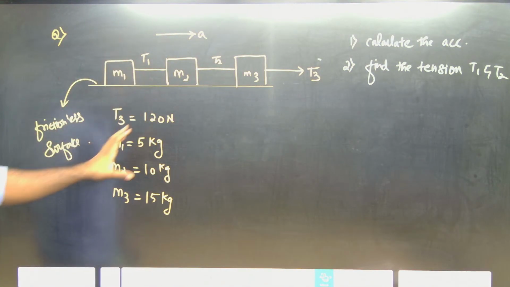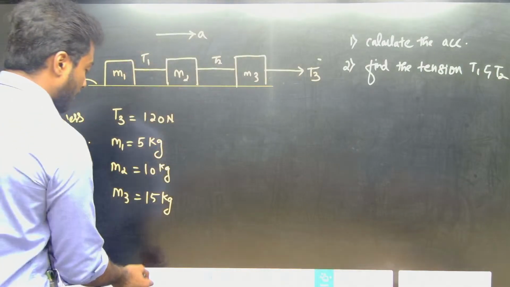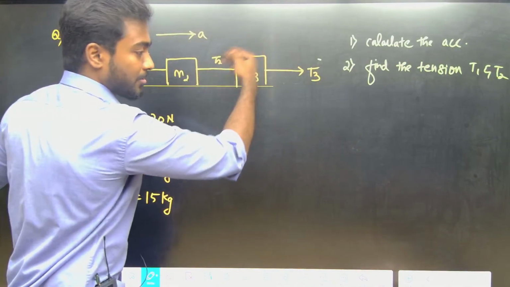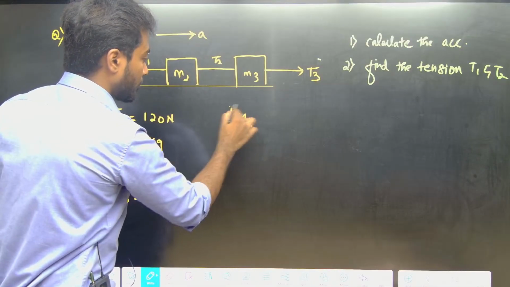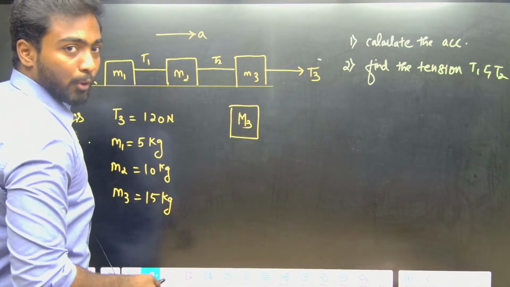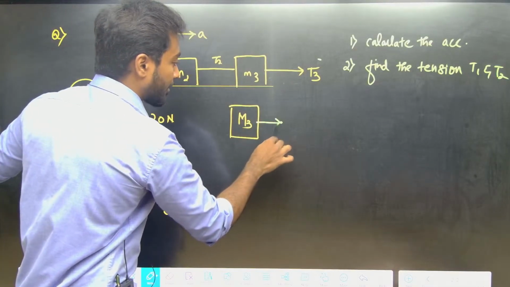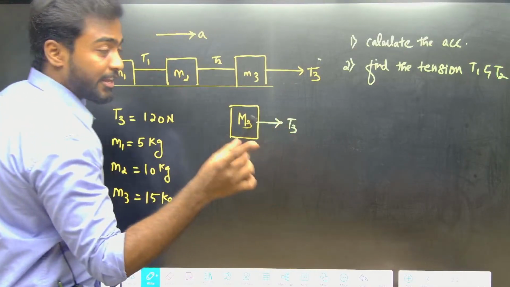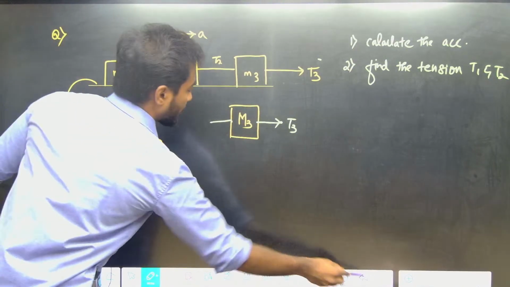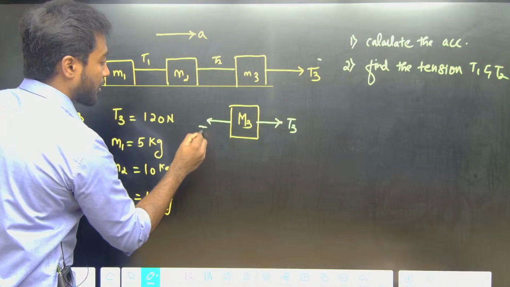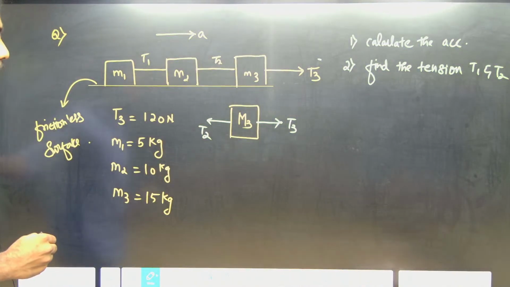Let us try to analyze the free body diagram of the given question. Let me take block M3. When I talk about block M3, tension T3 is acting like this. Obviously T2 will be acting away from the body. This is my T2, away from the body. Got it?